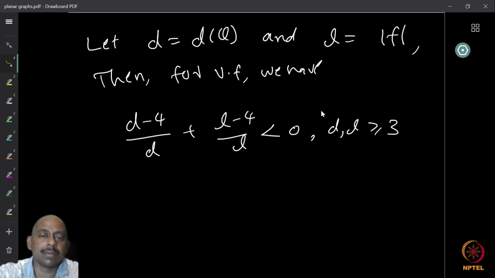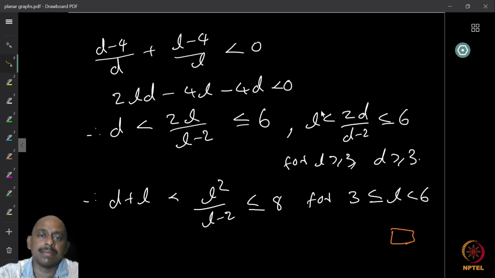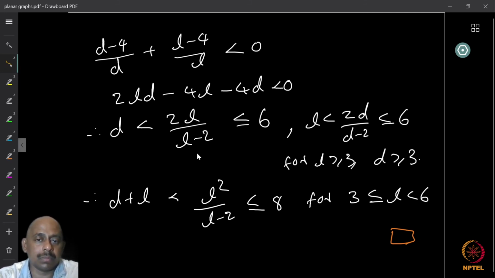Now we can just resolve this inequality by some routine calculation, which is what we do here. So we have (d minus 4) by d plus (L minus 4) by L is less than 0. Just cross multiplying, we get 2LD minus 4L minus 4D is less than 0. And this says that D is less than 2L by (L minus 2).